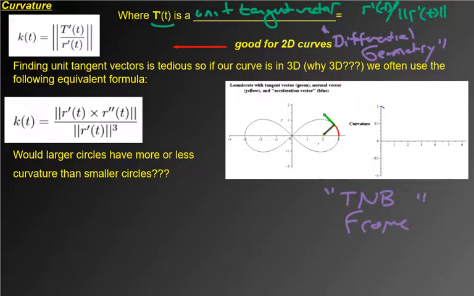And if you just take the magnitude of capital T prime of t, the derivative of the unit tangent vector, over the magnitude of r prime, that measures curvature. And there's another formula where you can do r prime cross r double prime, and the magnitude of that over the magnitude of r prime cubed is another way to compute curvature.